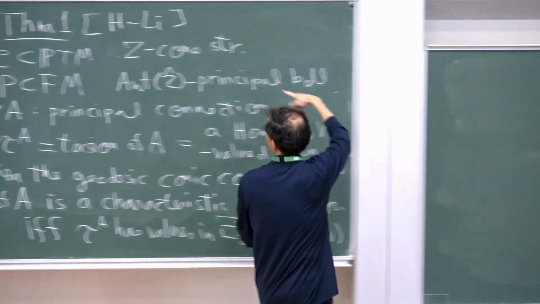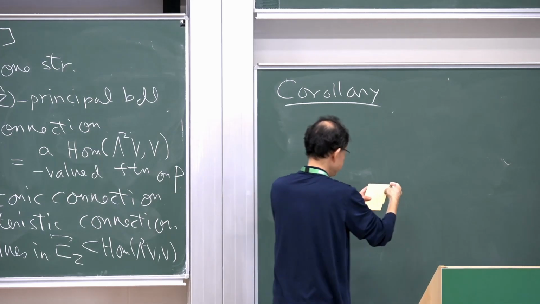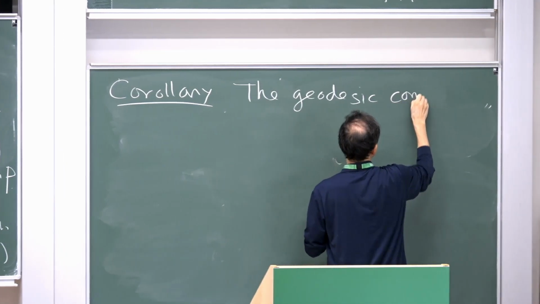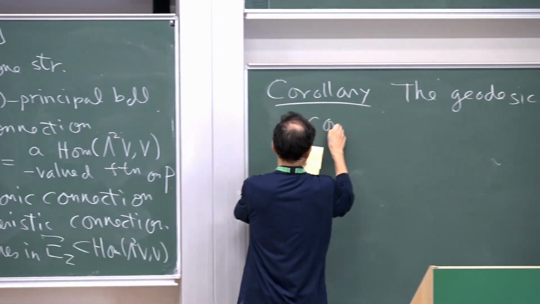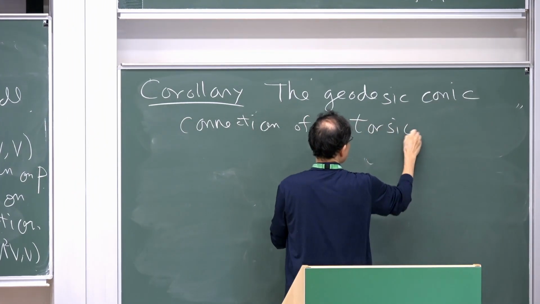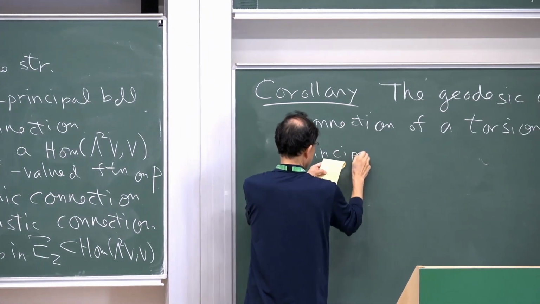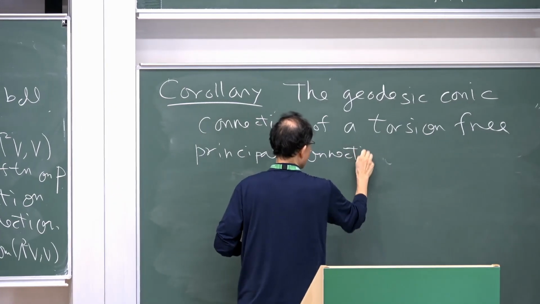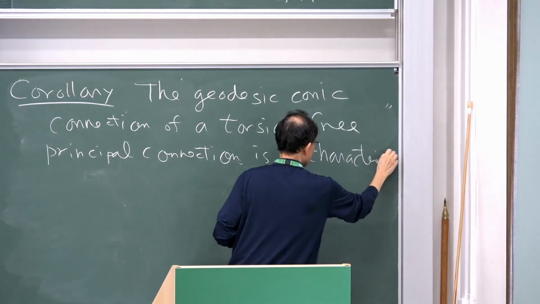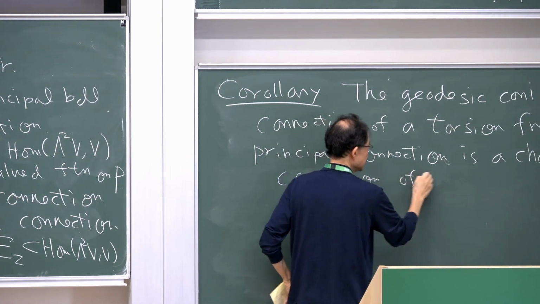So one corollary of this theorem is that the geodesic conic connection of a torsion-free connection is a characteristic connection of this cone structure.